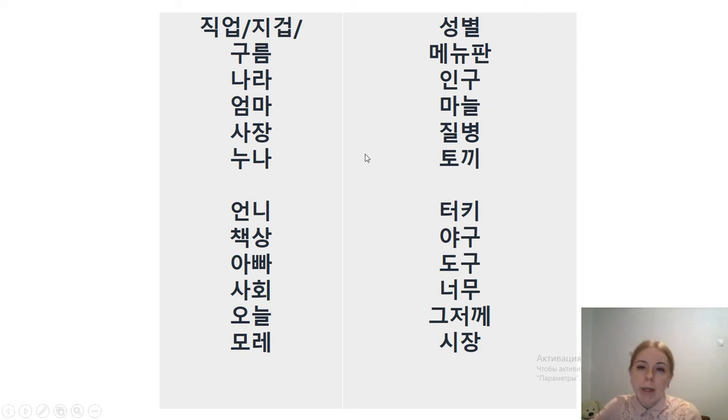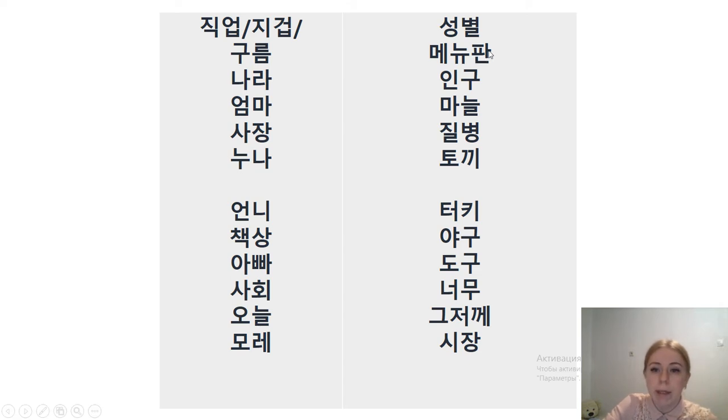And the next one is 성별, 성, 성별, 별, b, yeo, l. So we have 성별. The next one is 메뉴판. Menu is the same as in English. 판 is like a board. So 메뉴판.